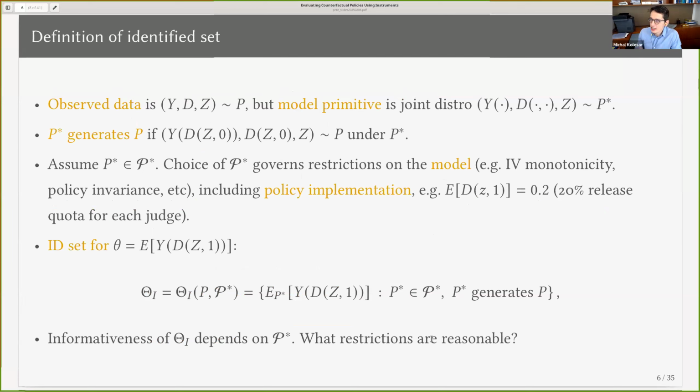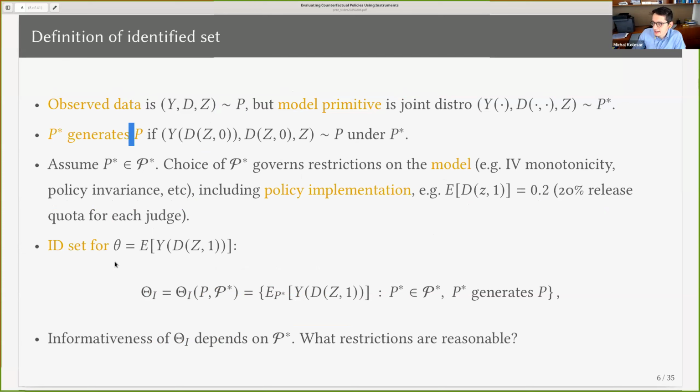Now, with this setup, I can just define the identified set as follows. So I have these observed data. They follow some distribution P that I can identify. But the model primitive is the joint distribution of the potential treatments and potential outcomes, which I'm going to call P star. And I'm going to say P star generates P if P star is compatible with the observed data.